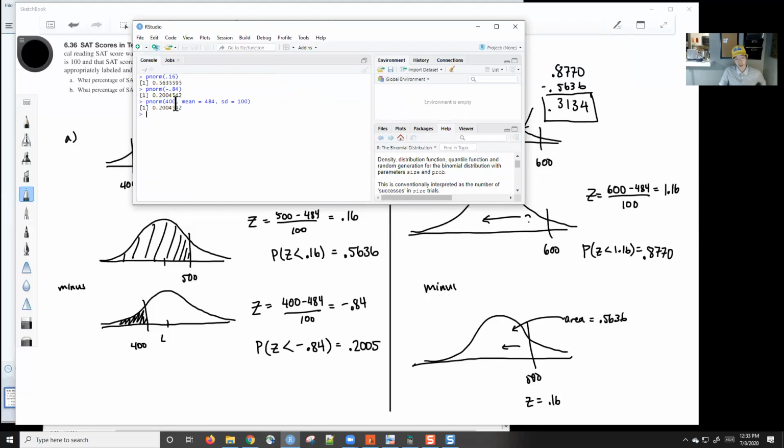If you didn't want to bother calculating the z-score, you can type in the numbers directly and say, I want the area to the left of 400, the mean is 484, and the standard deviation is 100. So you can specify it that way.